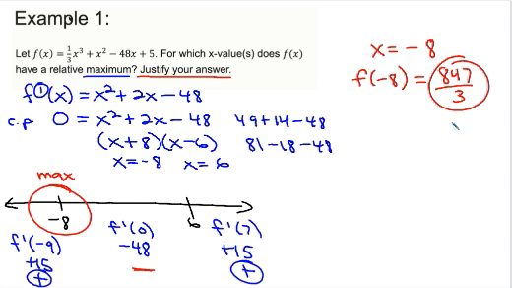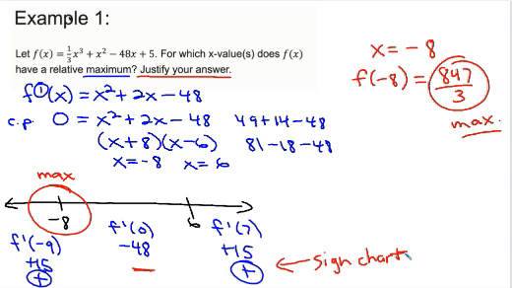This is the actual maximum value. All right? So to justify this, though, we cannot use this, which is called a sign chart. The College Board does not accept a sign chart as justification. We have to make a statement about how the derivative is changing from positive to negative.